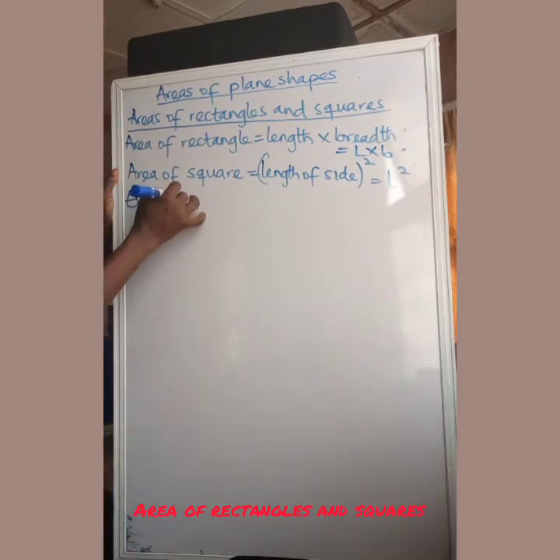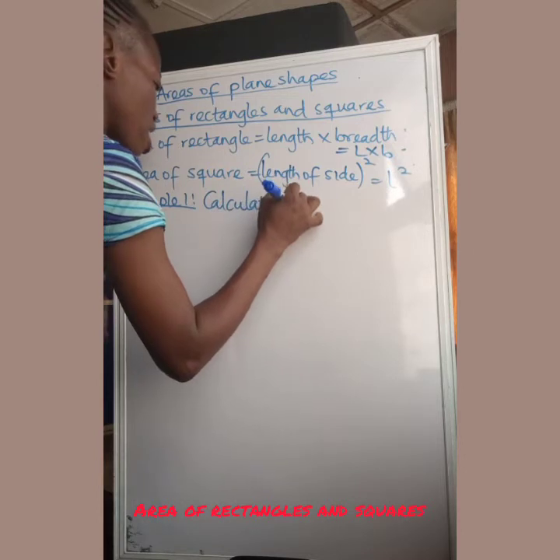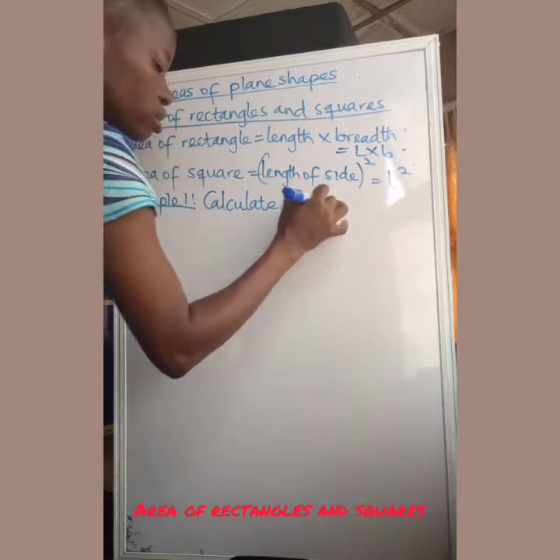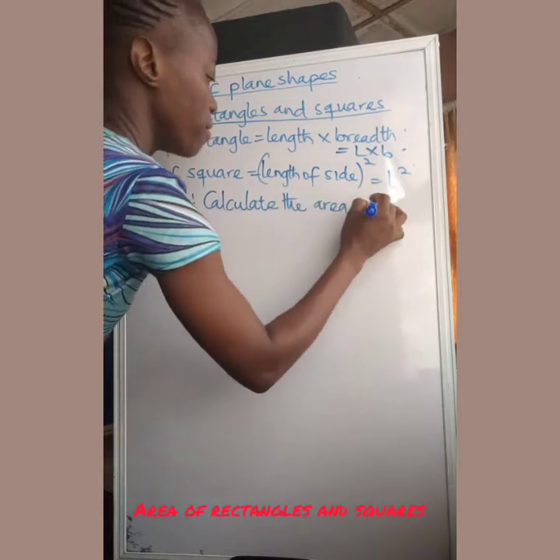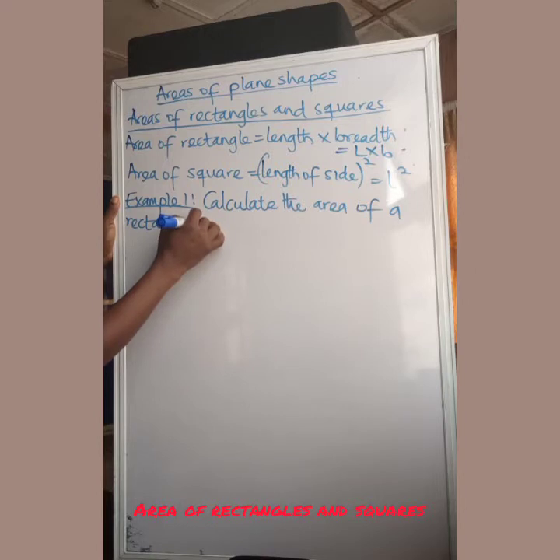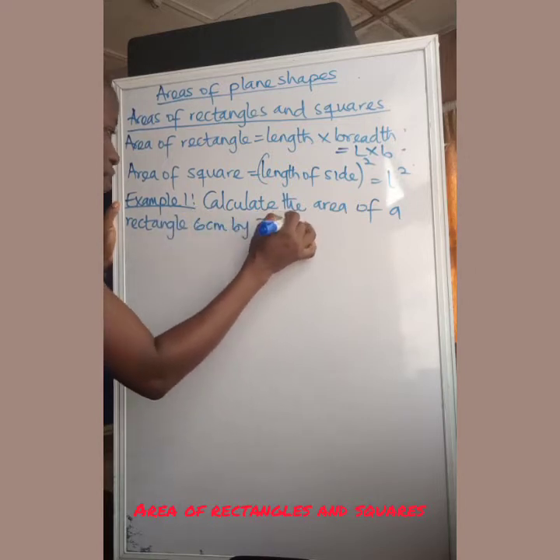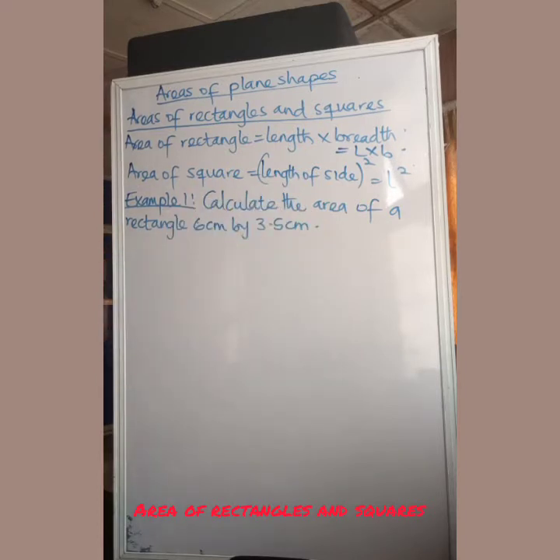Example 1. Calculate the area of a rectangle (6 centimeter by 3.5 centimeter). That's the question.